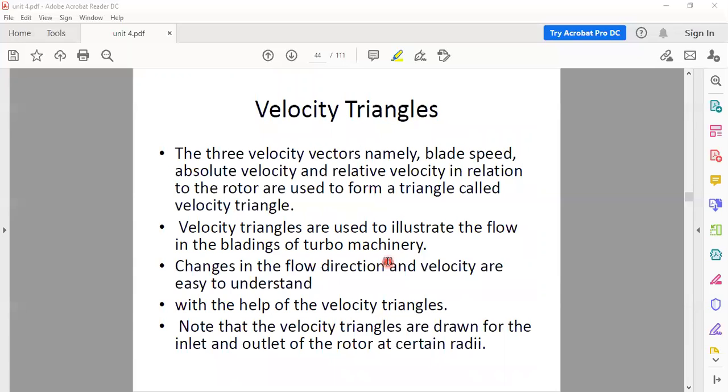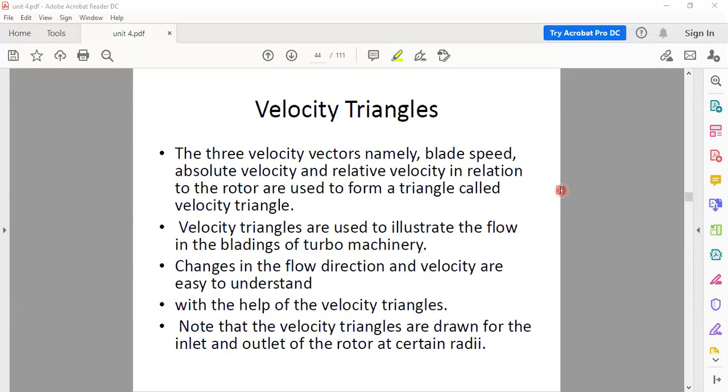So now we start velocity triangles. The three velocity vectors, namely blade speed, absolute velocity, and relative velocity, in relation to the rotor are used to form a triangle called the velocity triangle.